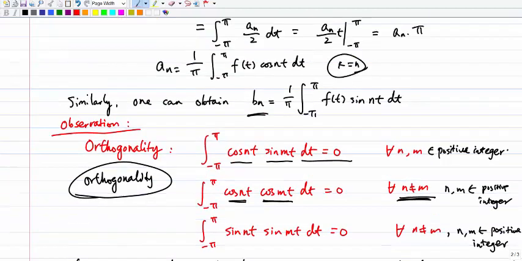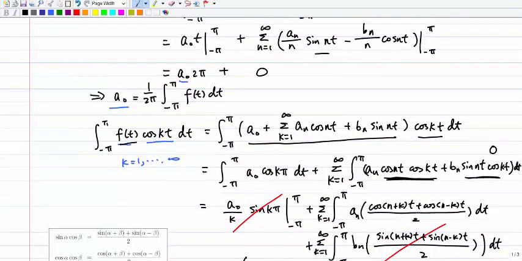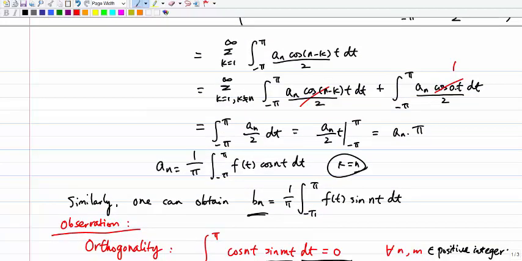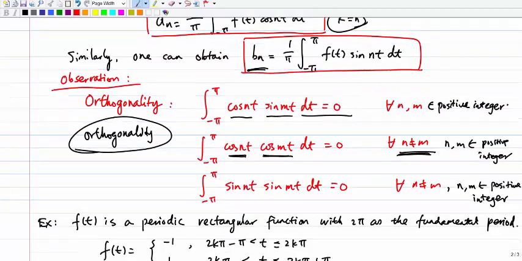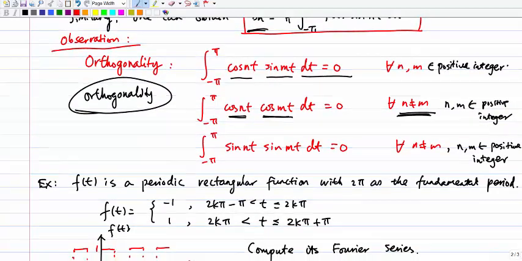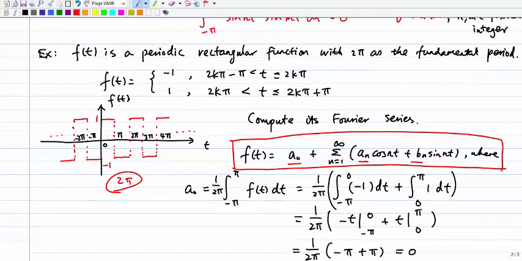According to what I mentioned over here, this is how we compute the a0, this is how we compute the an from 1 to infinity, and this is how I compute the bn, from 1 to infinity. So let's use that property and calculate a0, a1 until infinity, and b1, b2 until infinity. Let's first compute a0.